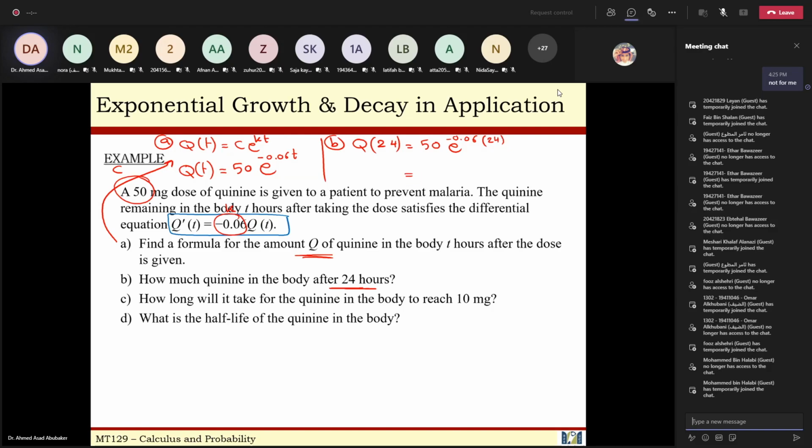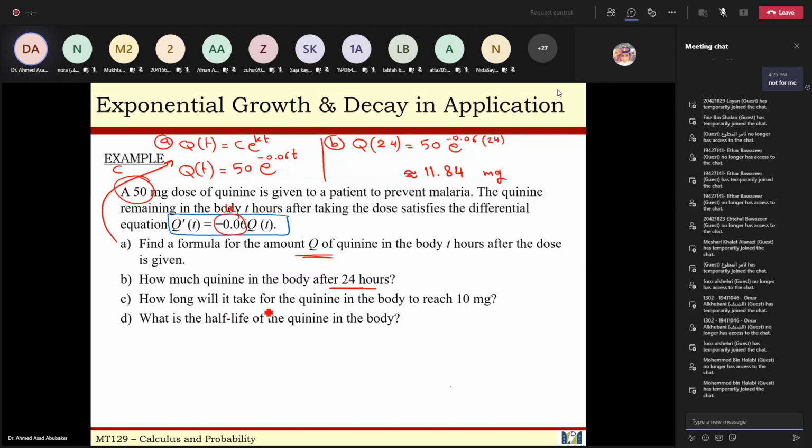So we can use the calculator: 50 multiplied by e to the power negative 0.06 multiplied by 24. We have approximately 11.84. This is the milligrams of quinine in the body after 24 hours.